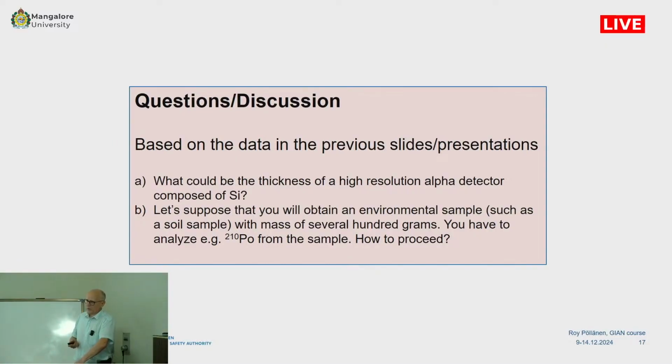And it should not be too thick, because from the perspective of alphas, it's no use to have a thicker detector. And in addition, other interactions, I mean photon interactions in the silicon detector, may happen, and they disturb the alpha spectrum.